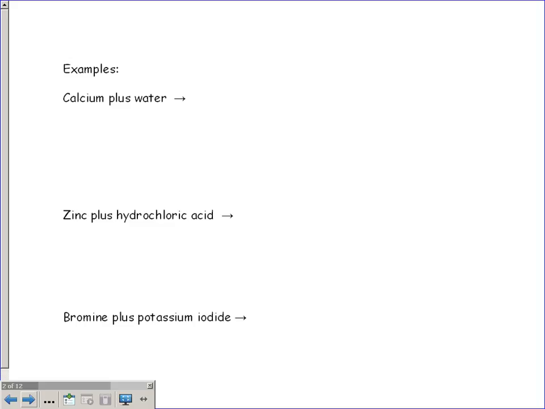Calcium plus water. First thing I need to do is write my chemical reaction. Ca plus H2O. Now, what is Ca? Ca is a cation. It's a metal. So when I use my reference sheet, I'm going to look at the activity series of metals. And what I'm going to look for is, will calcium replace hydrogen from water?